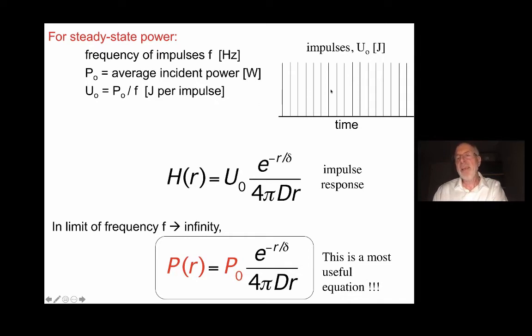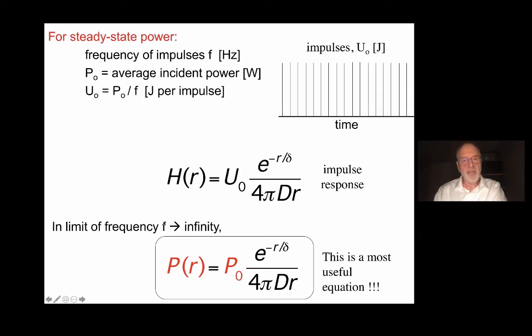But what if we had a series of impulses? Then we would add up the contribution to h of r after each impulse. If the frequency of impulses was some frequency f, but the average power was p naught in watts, then the energy per impulse would be p naught over f. In order to keep the average power constant, u naught would decrease as frequency increased.